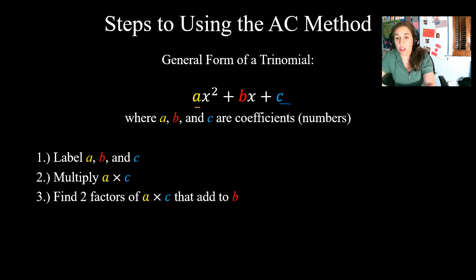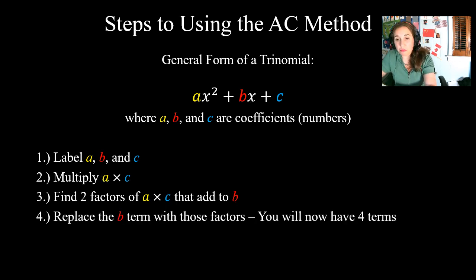The third step is to find 2 factors of that answer for a times c that add to b, our coefficient b. And that's the undoing of the foiling. The more you do this, the more you'll see how it's undoing foiling.